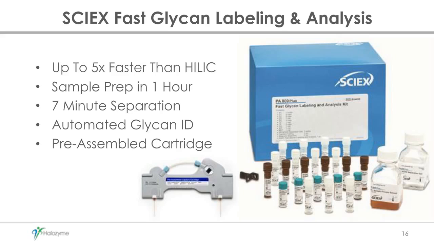It also comes with a pre-assembled cartridge, which makes it pretty easy. If you're a CE user, you're used to building your capillaries, but as you get new analysts or work with CROs or CMOs, it's a lot easier to have the pre-assembled cartridge. So this is what the kit looks like.